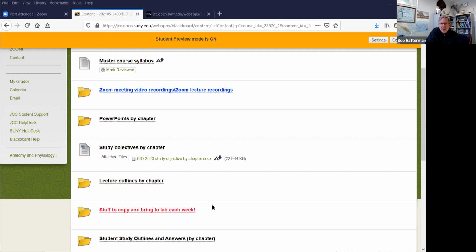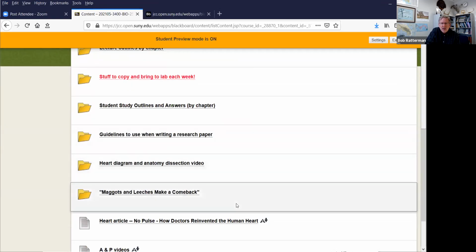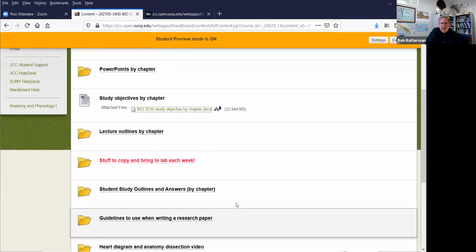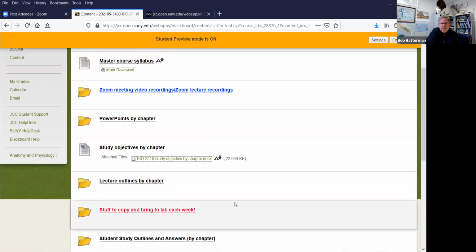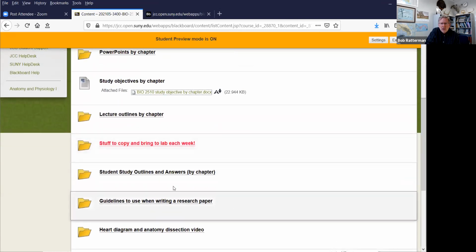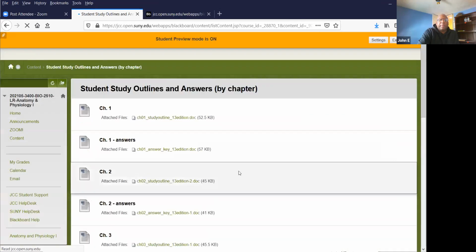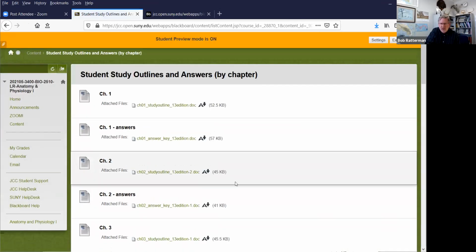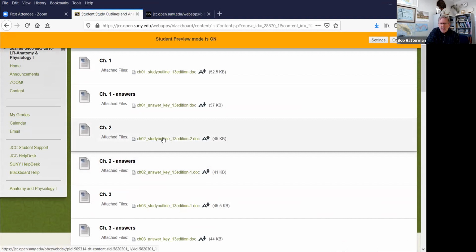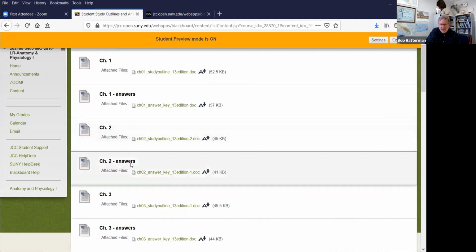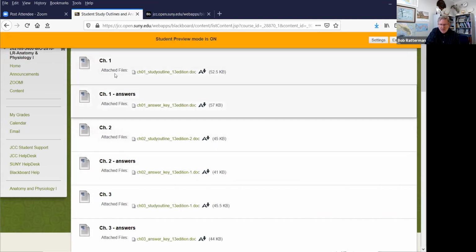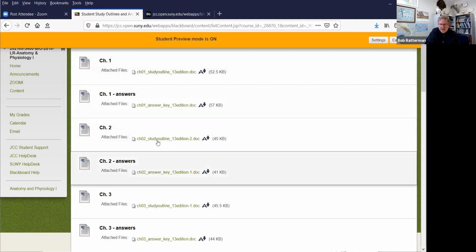Another thing that I think I mentioned to you guys was the student study outlines and answers. If we look at the chemistry chapter, chapter 2, notice there's a chapter 2, and then there's a chapter 2 answers. Each chapter has 2 files, one without the answers, one with the answers.